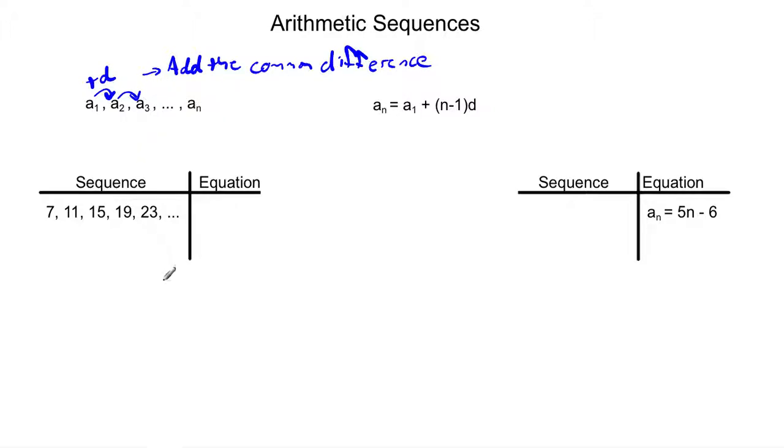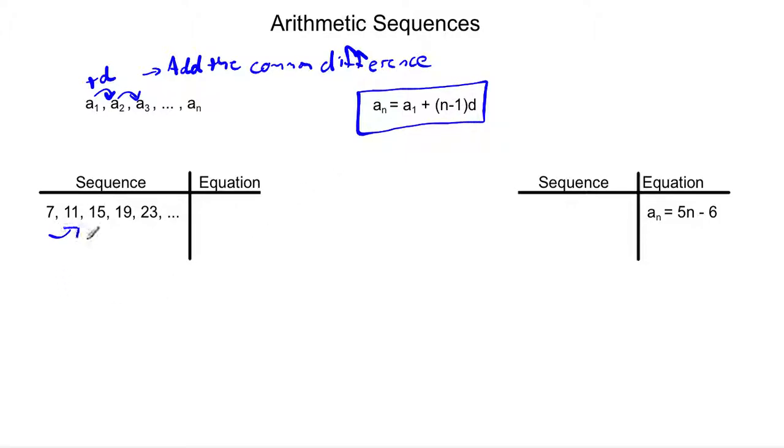So for our example, 7, 11, 15, 19, 23, I was adding 4 each time. This is actually the general form for the equation. a sub n, so the nth term, is going to be equal to the first term plus n minus 1 times that common difference.